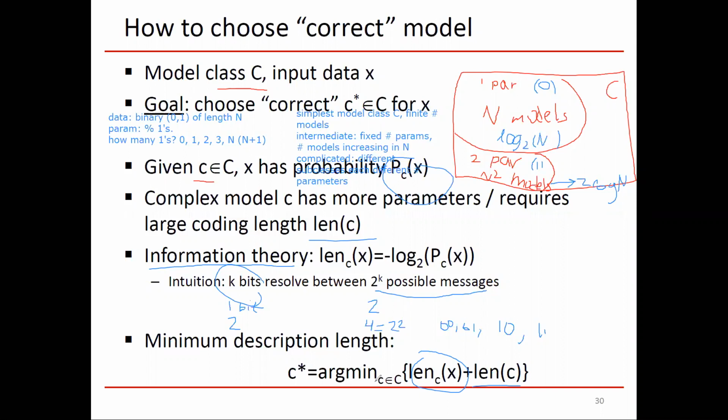And you're looking over all the c's, all the specific individual models within capital C, our model class, and you're choosing the one that minimizes the sum length. That's the minimum description length principle.